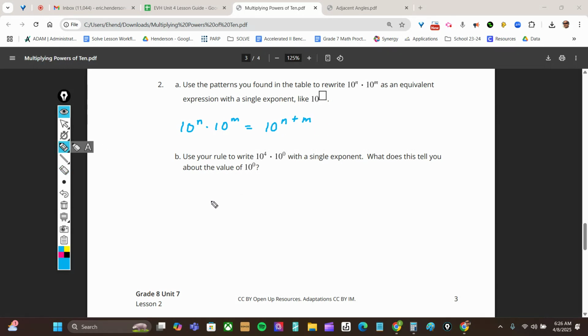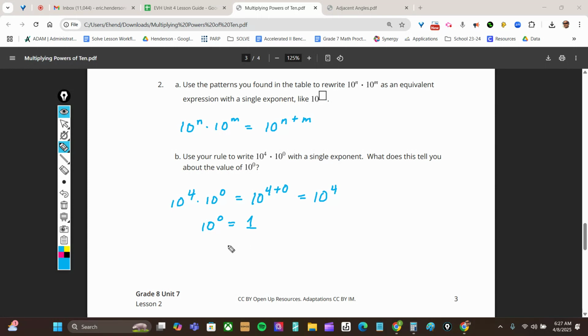Use your rule to write 10 to the fourth times 10 to the 0 with a single exponent. What does this tell you? So that would be 10 to the fourth times 10 to the 0 equals 10 to the fourth plus 0 equals 10 to the fourth. So that tells you that 10 to the 0 is the same thing as 1.